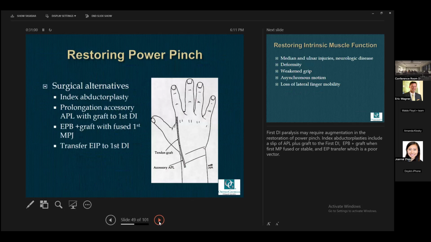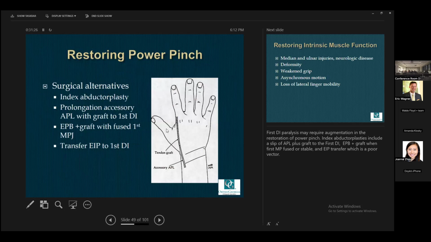So speaking of first DI transfers, you can use prolongation of one of the accessory slips of the APL with a tendon graft to the first DI. You can use EPB, fuse the first MP and use EPB plus a graft. You know, they talk about transferring the EIP to the first dorsal interosseous, but that's not much of a vector.